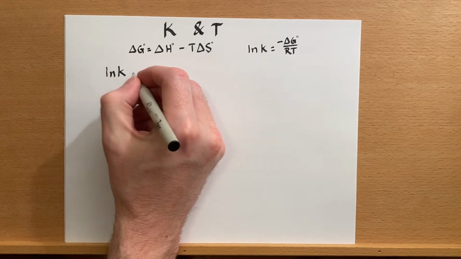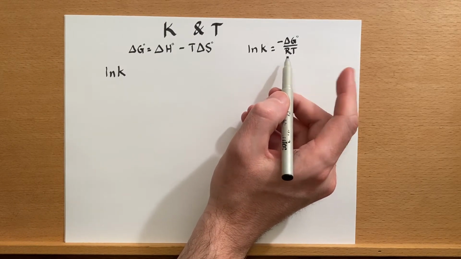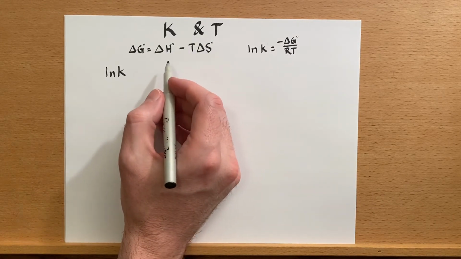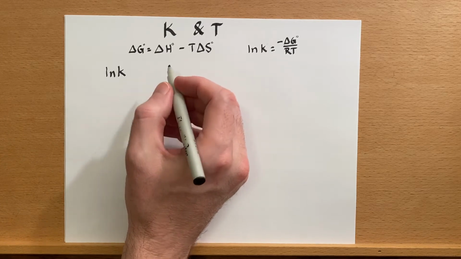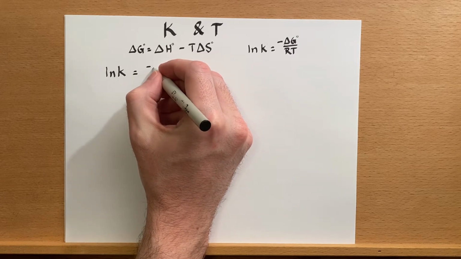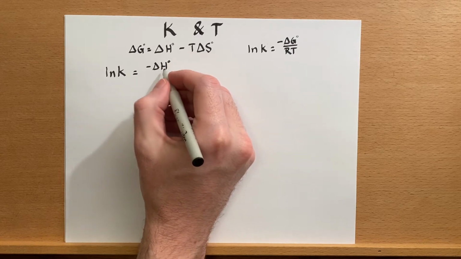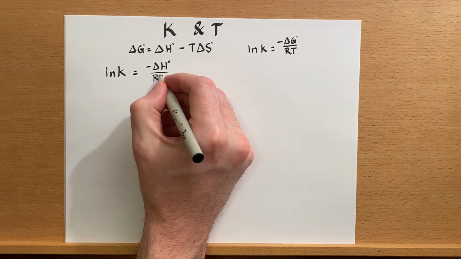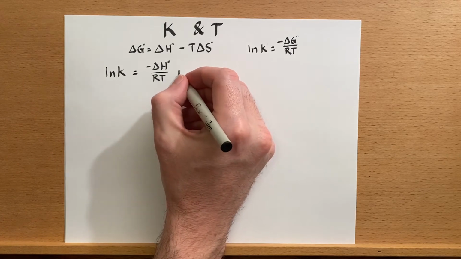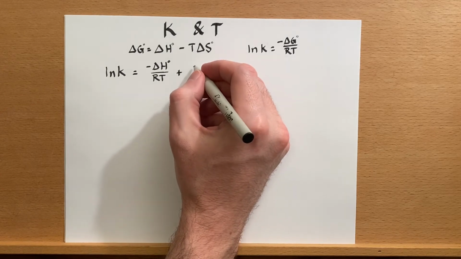Ln of K would equal negative delta G over RT, but I'm going to start substituting in this for delta G. So that means I should have that equal to negative delta H over RT, and then plus, because that's a negative there and a negative here, so that's going to make this plus.